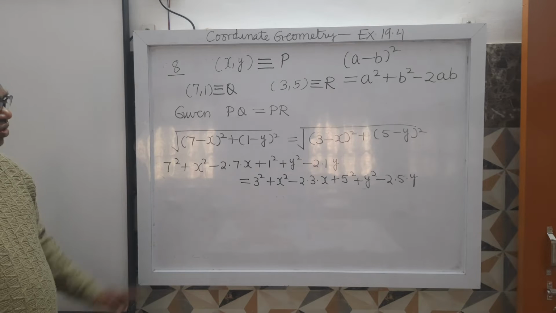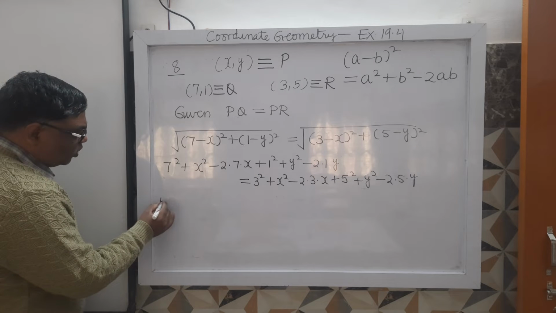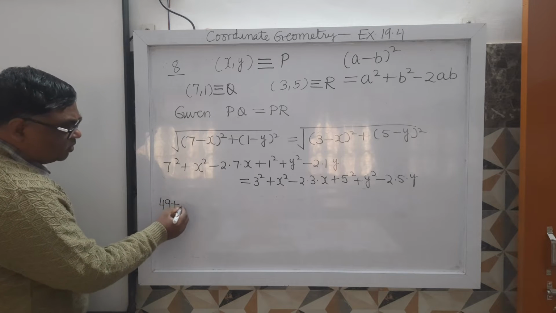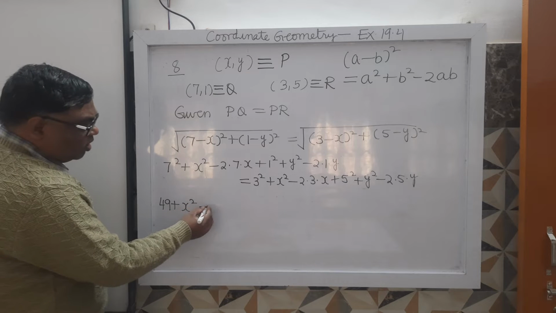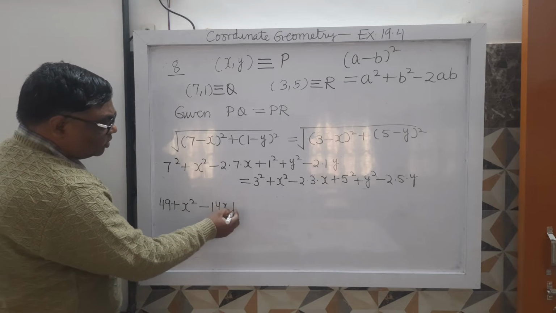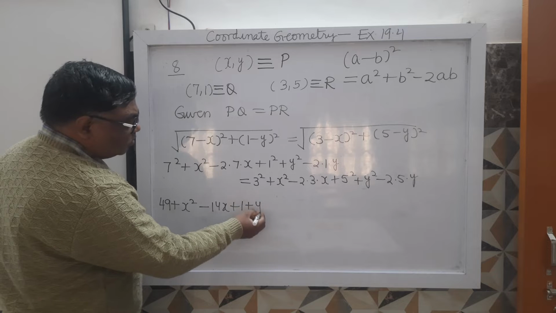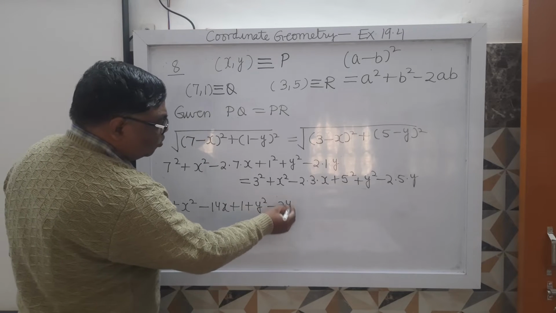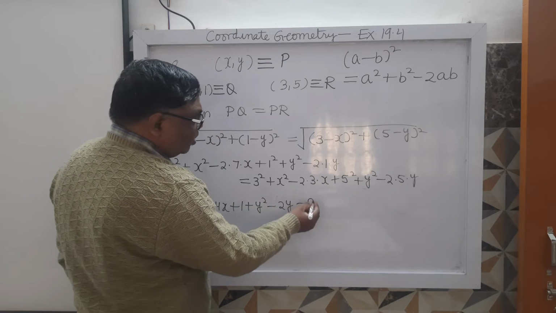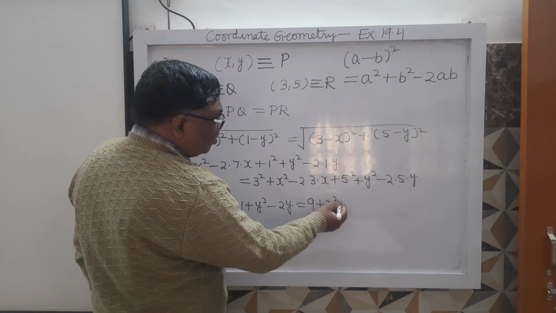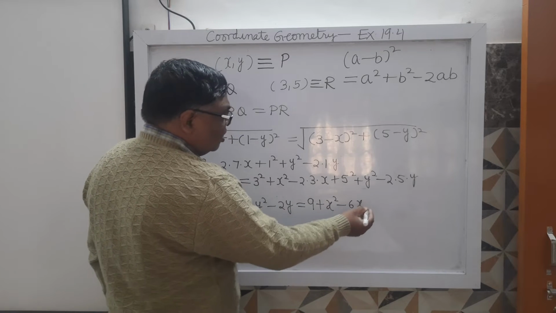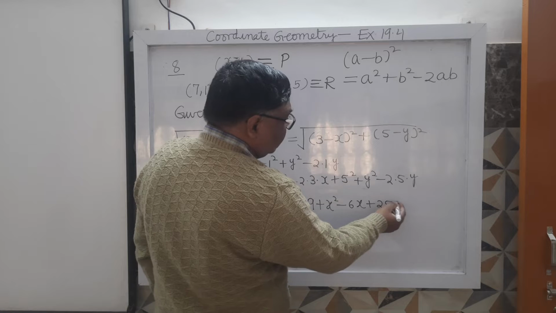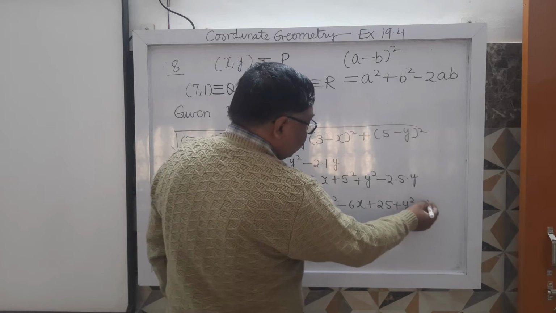It's clear? So now simplify: 49 plus x square minus 14x plus 1 plus y square minus 2y equals 9 plus x square minus 6x plus 25 plus y square minus 10y.